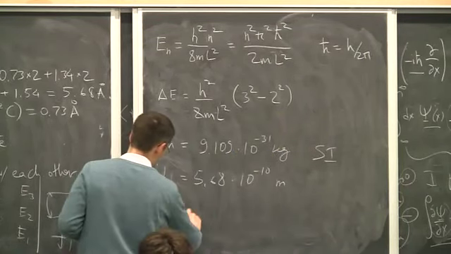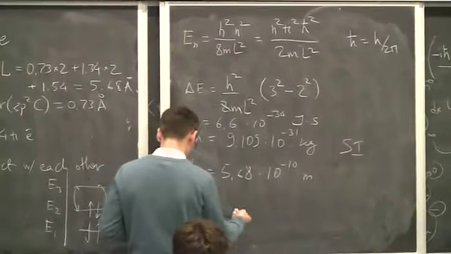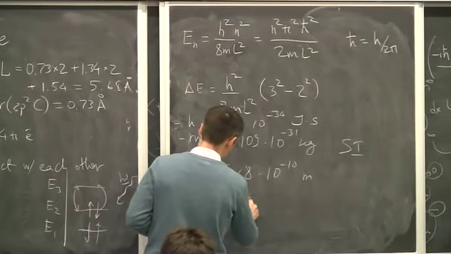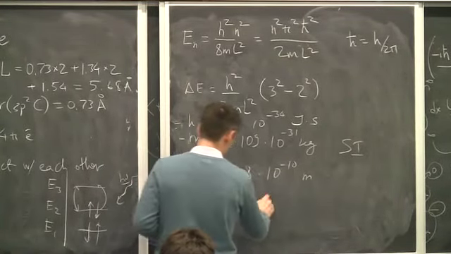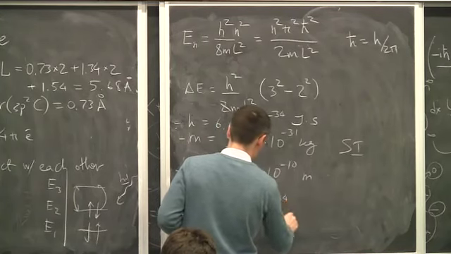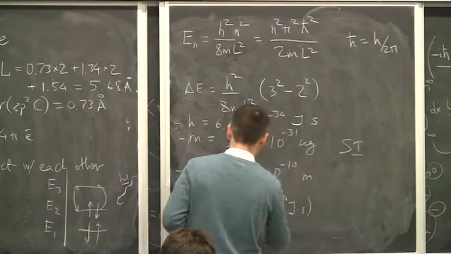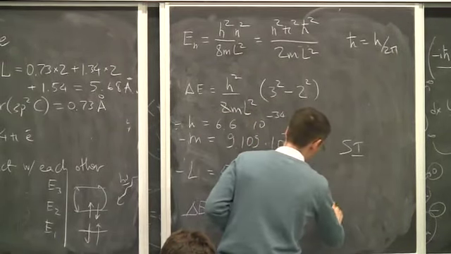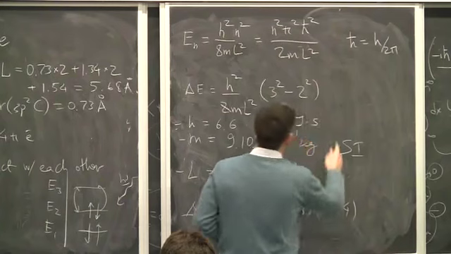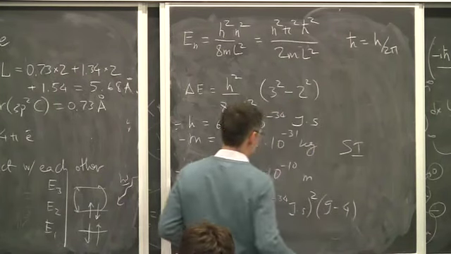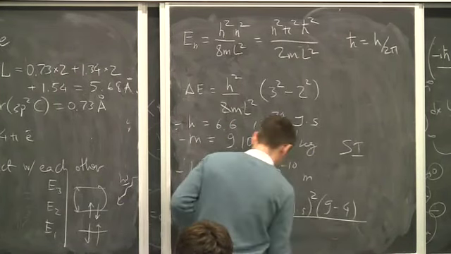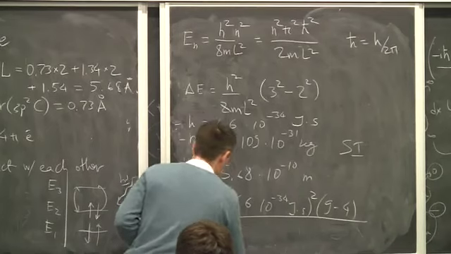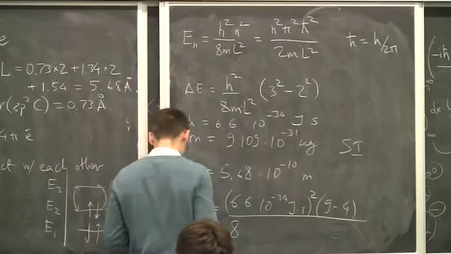And that's pretty much all you need, these three constants, right, to express delta E. So it's 6.6 times 10 to the minus 34 joules second. This is h squared. Then you have 9 minus 4 coming from 3 squared minus 2 squared divided by 8, comes from this 8.